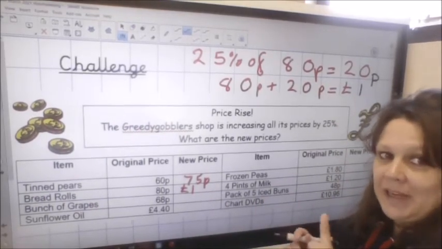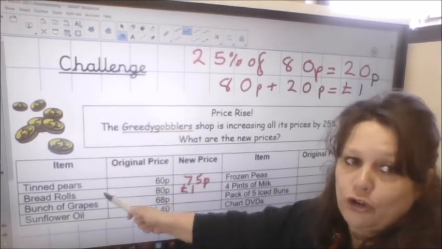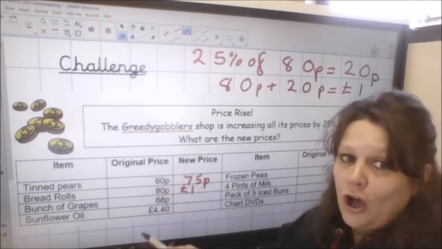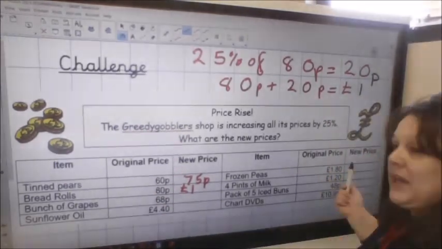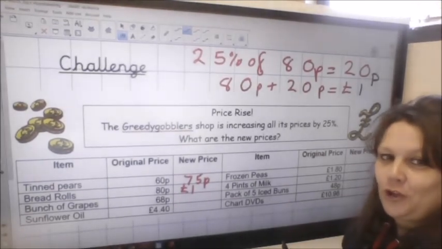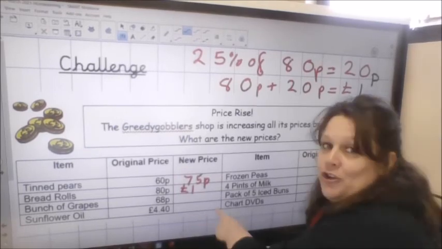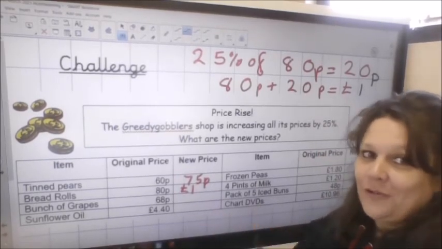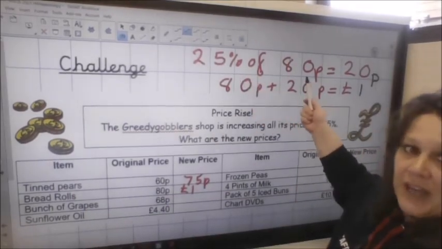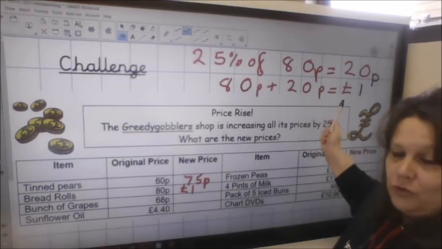So let me recap in the challenge. You've got to work out what 25% is of each of the items that are being sold at the moment. Then what you've got to do is add that to the original price to get the new one. So you can see the bread rolls, 25% of 80p is 20p, so 80 plus 20 is £1.